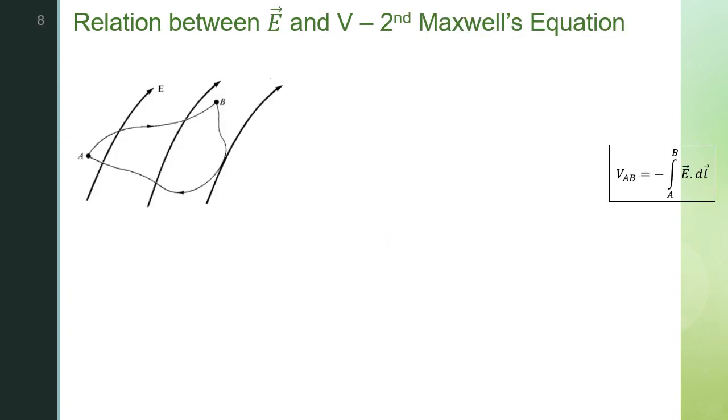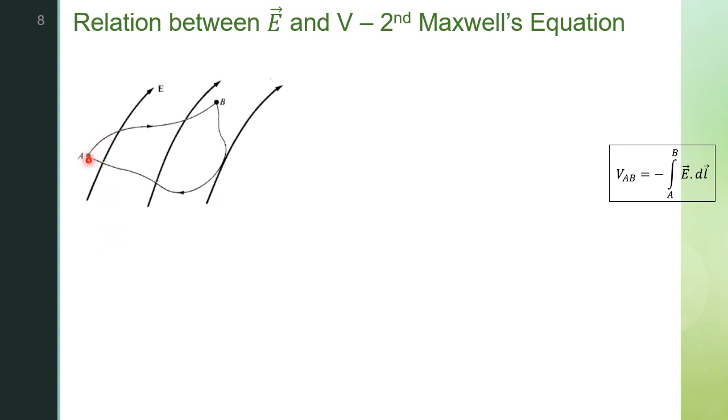Now we need to derive the relation between electric field intensity and potential. We already saw that V is minus integral E dot dl. So we'll try to derive a relation in terms of the del operator, and hence we'll derive the second Maxwell's equation.